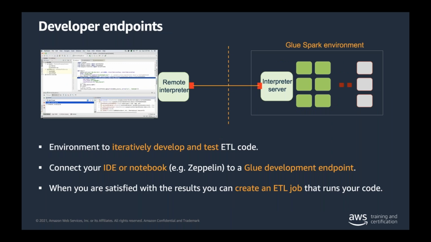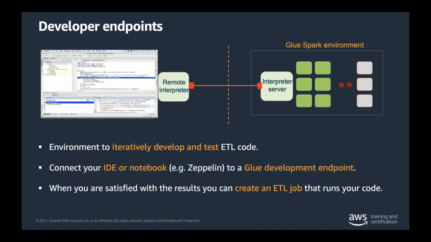So essentially, a dev endpoint is an environment that you can use to develop and test your Glue scripts. You basically provide configuration values to provision the development environment, and these values tell Glue how to set up the network so that you can access the dev endpoint securely, and that the dev endpoint can actually access your data stores securely as well.